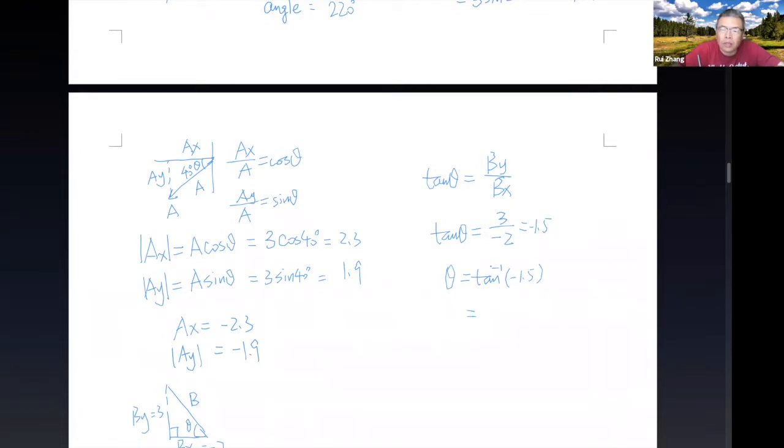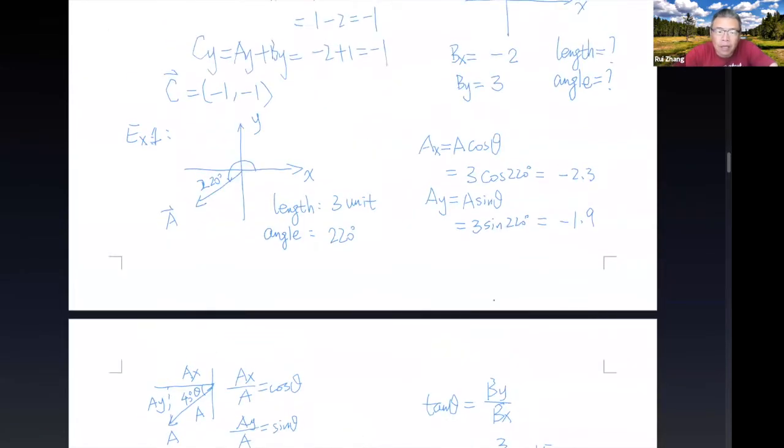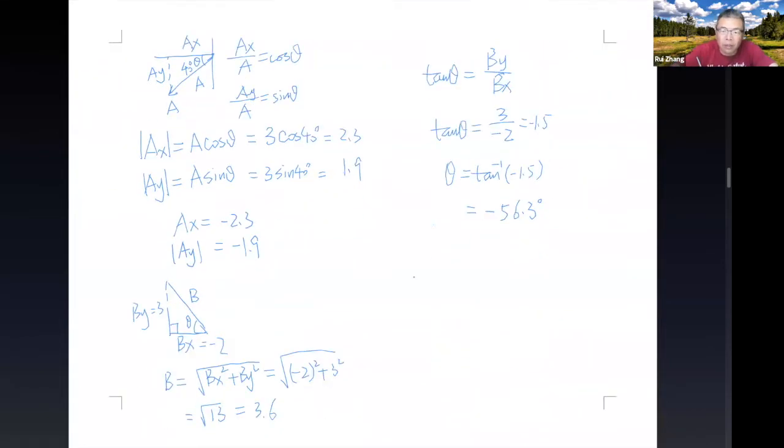Now here's the thing. If you do this on your calculator, you get an angle of negative 56.3 degrees. Well, this angle is not correct. Why? Because of the convention.